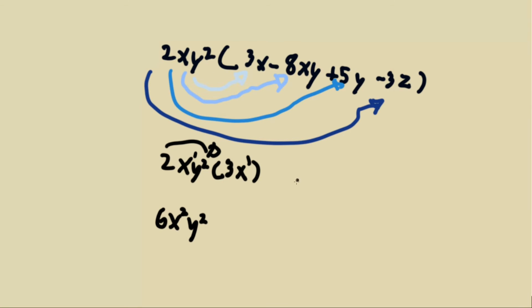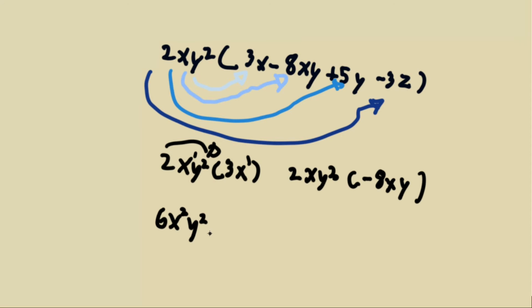All right, so now that we have this one, let's multiply for the other one, right? So 2xy squared, and then negative 8xy. Remember, there's a negative here. We have to also bring down the sign, as you can see. All right, so 2 times negative 8, remember, we can just multiply these by each other. 2 times negative 8 ends up being negative 16, right?